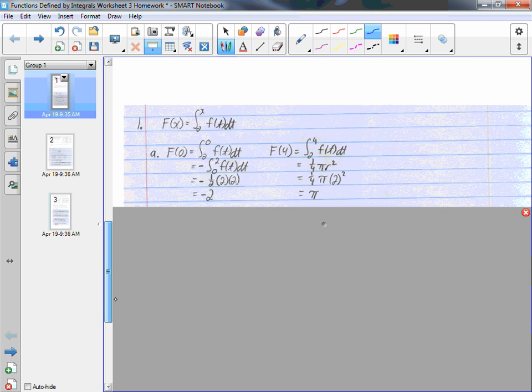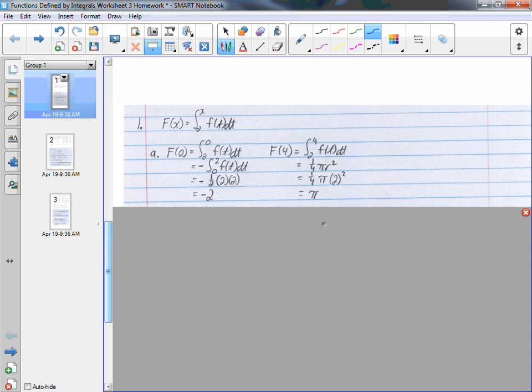So capital F of 4, which equals the integral from 2 to 4 of f of t dt, is going to be the area of that fourth of a circle. So it's 1/4 pi r squared. So it's 1/4 pi times 2 squared. Well, 2 squared is 4. 1/4 times 4 is 1. We get pi.